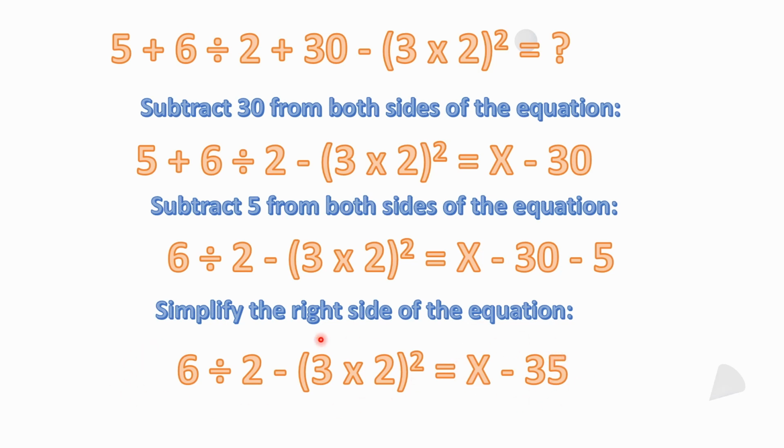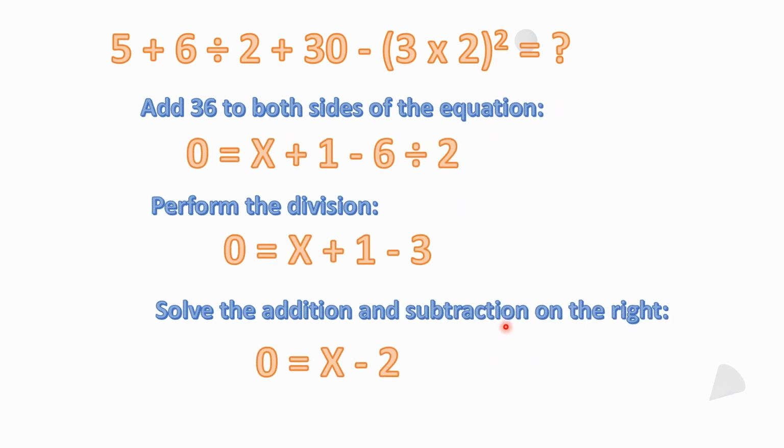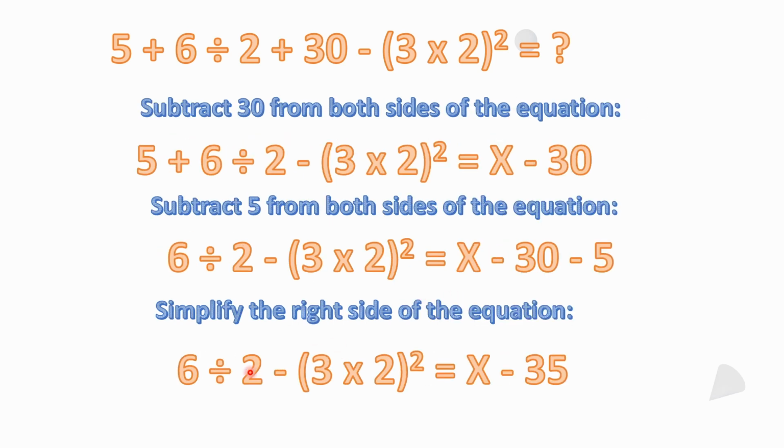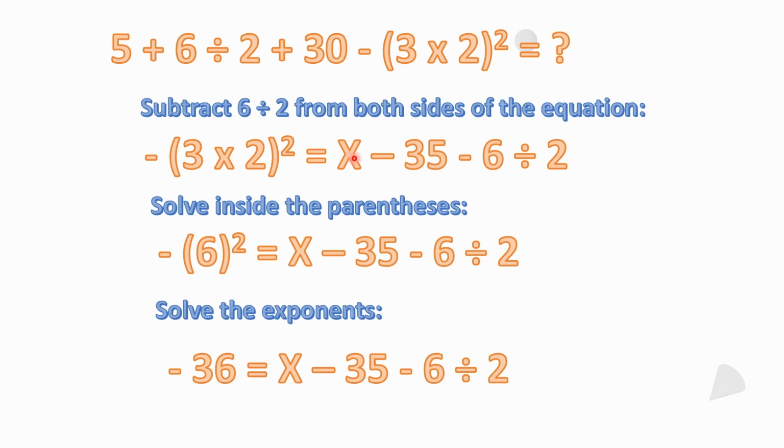The left side is still the same. Let's see what else we can do to further reduce this. I jumped ahead here a bit. So you've got the x minus 35. The next thing we could do is subtract 6 divided by 2 from both sides of the equation, just because I want to work left to right.